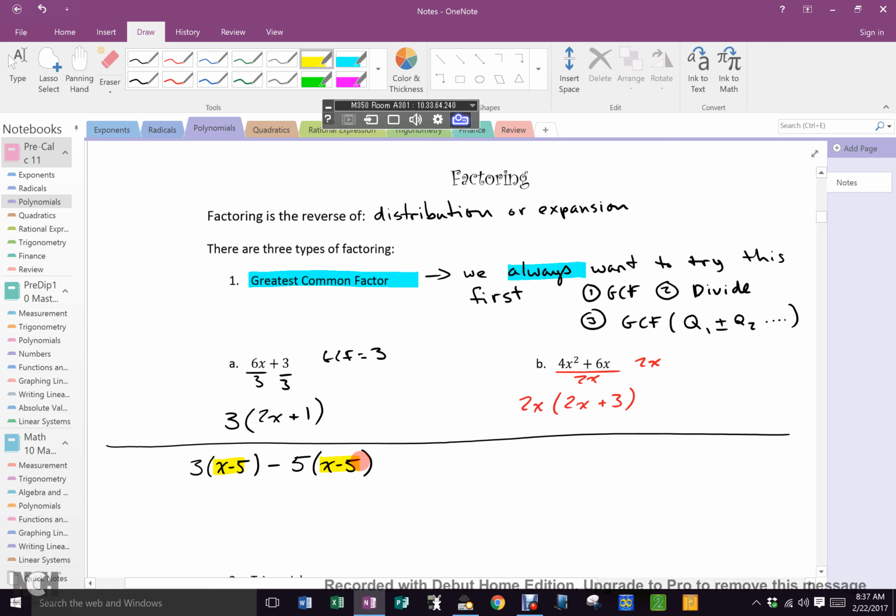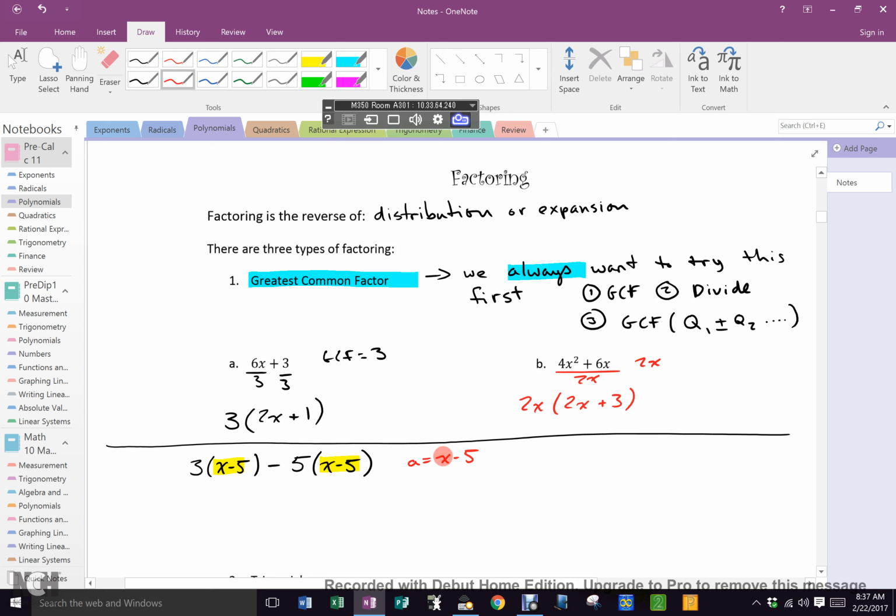If you don't see that, I'm going to give you a little shortcut that I like to give. I choose another letter. A equals x minus 5. Everybody understand? So this is really 3a minus 5a. Now you can quite easily see that they share a factor. So the GCF is x minus 5.